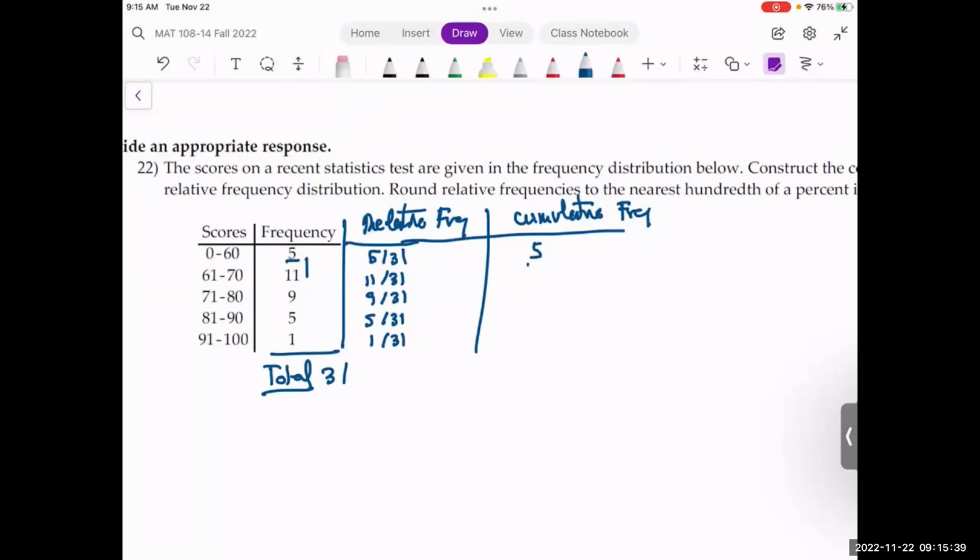That's going to be 16. And then you add the next number, right? So the 9 here, you add it to 16, you get 25. And then to 25, you add 5, you get 30. And to 30, you add 1, you get 31. So these are the cumulative frequencies. This here is the relative frequencies, and over here are the regular frequencies.